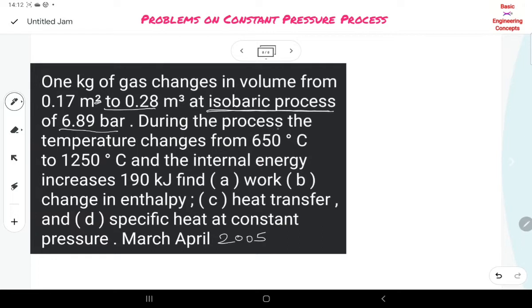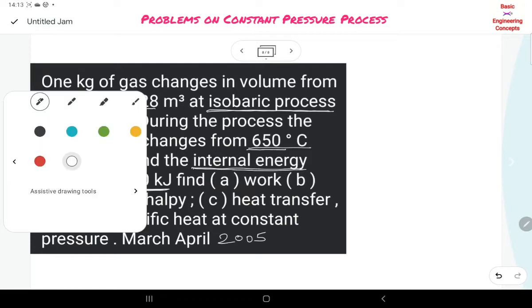During the process, the temperature changes from 650 degrees to 250 degrees C, and the internal energy increases, by 190 kilojoules. So find the work done.